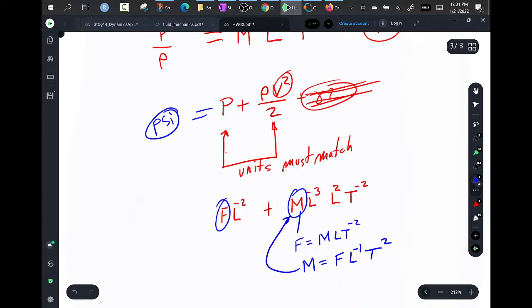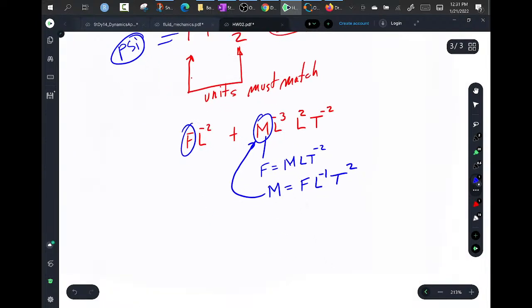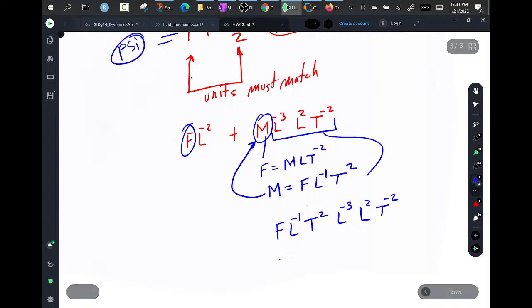I'm going to inject that in here. If I inject it in here, F, L to the minus 1, T squared, and then just take these, and I'm not even going to convert them yet. I'm just going to say L to the minus 3, L squared, T to the minus 2. Now, I start looking at this. What do I get? F, L, T. Okay, I have one of those.